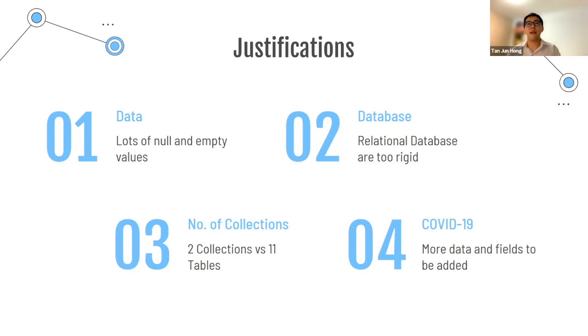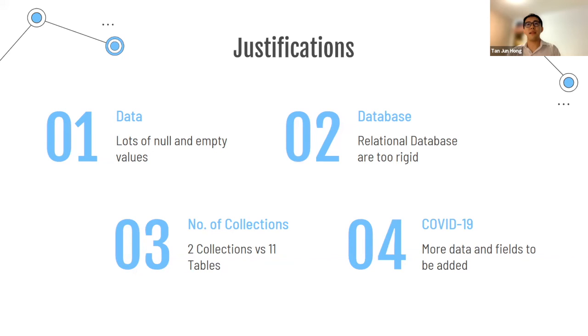Non-relational databases are dynamic in nature, which is much preferred with this type of data. Thirdly, after normalization, we have 11 tables in our relational database as compared to 2 collections in our non-relational database from combining. As such, it is much easier to query from 2 collections as compared to 11 tables. There will be lots of joins resulting from the relational database.